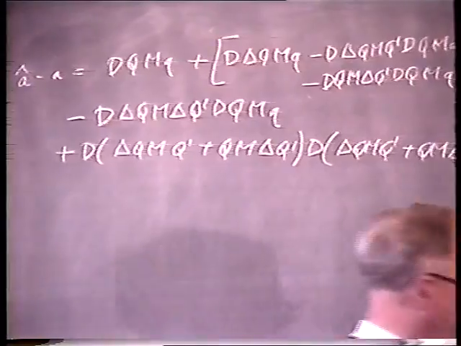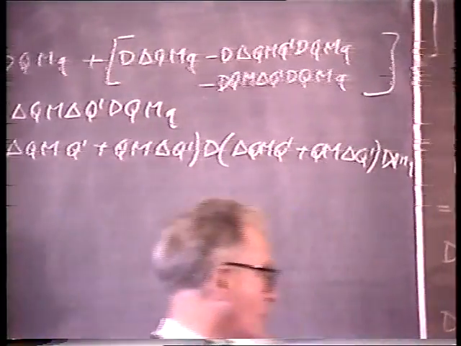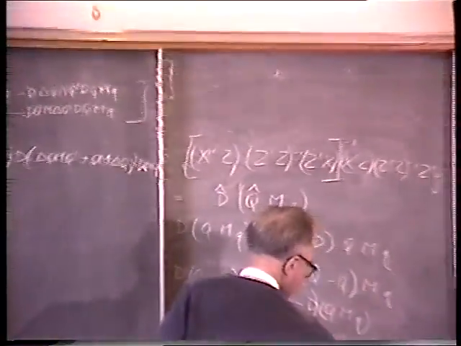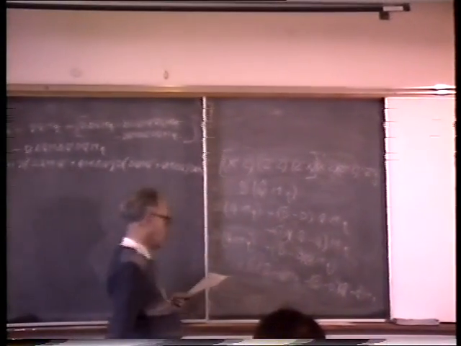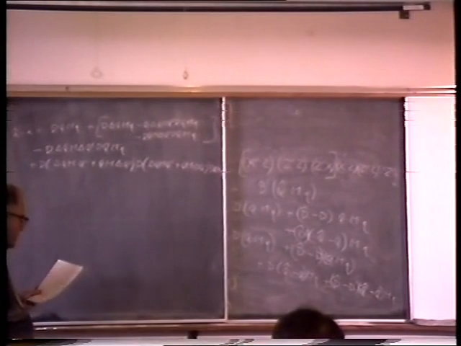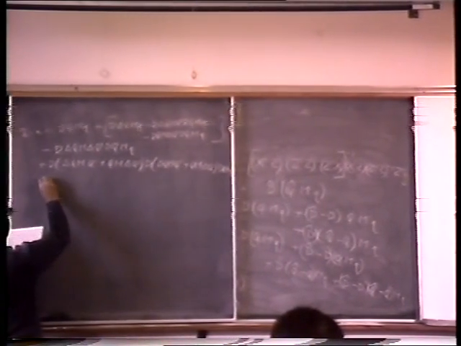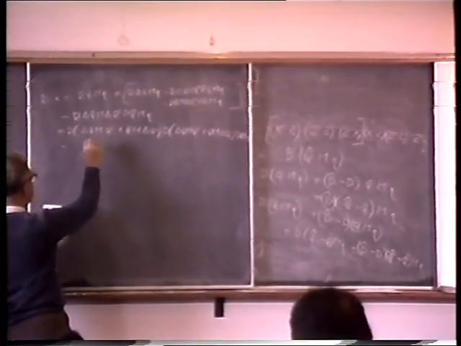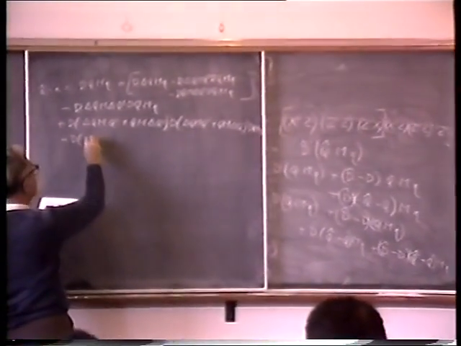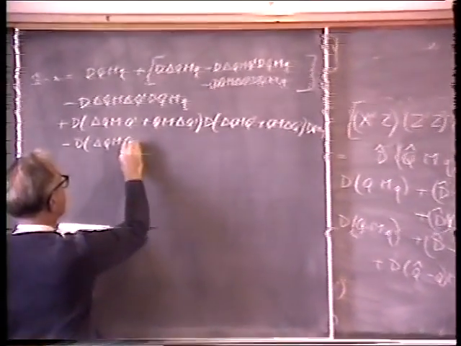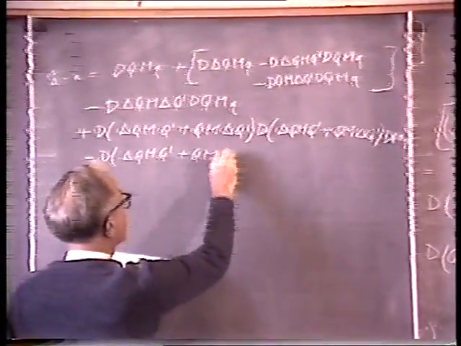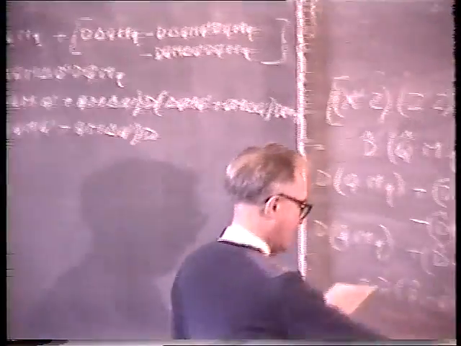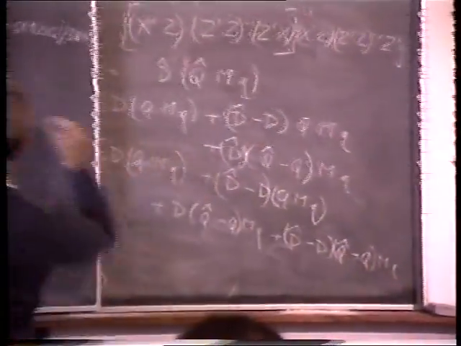Then all we've got left is this term. Well, you see, in that term, we've got delta q and little q, so all we need is the first order term in the d hat minus d, and that gives us minus, yes, minus is right, d delta q m q primed plus q m delta q primed, the same as before, times d, but then that's going to be multiplied by delta q m q.